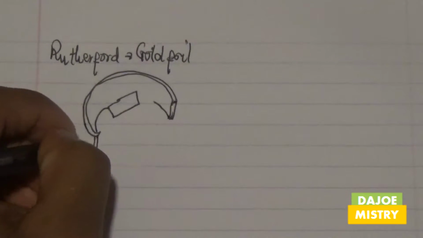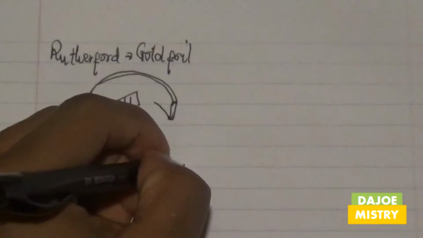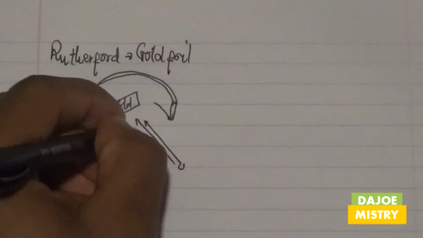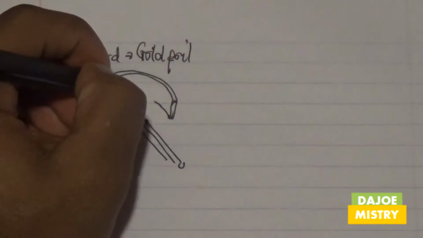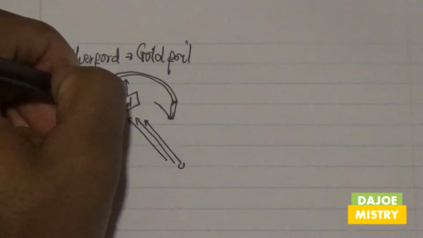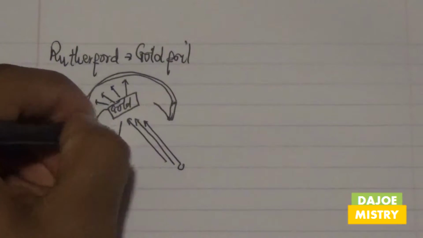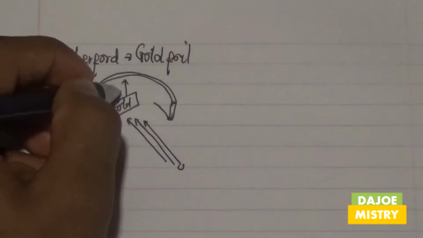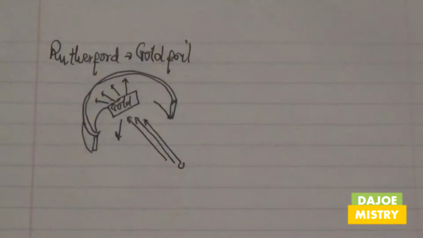What we realize is that if you subject this gold to a directed ray which produces alpha particles, and alpha particles are not helium in this case, there's scattering of these alpha particles as they approach or pass through the gold foil. However, there are some other cases where they bounce off, and interestingly, these scattered particles generate different angles due to the collision between particles in this gold foil.